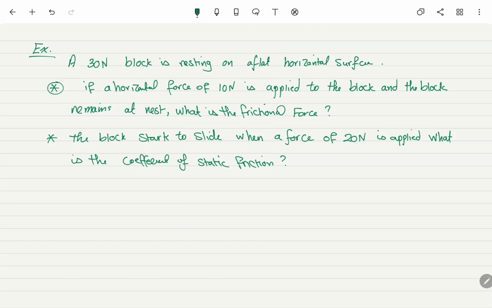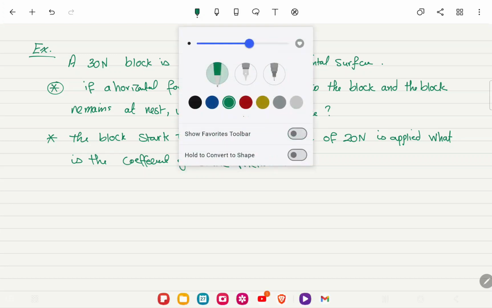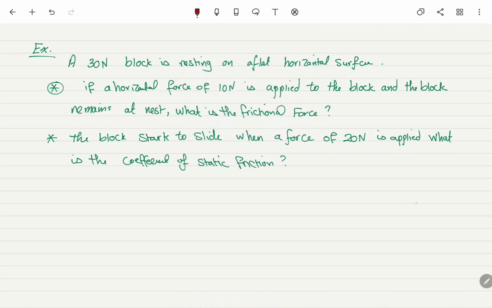Let us consider the first case. So we have here a block resting on a flat surface. So we have here F directed this way here, and static friction in this case here. Here's the weight directed downwards and the normal force.